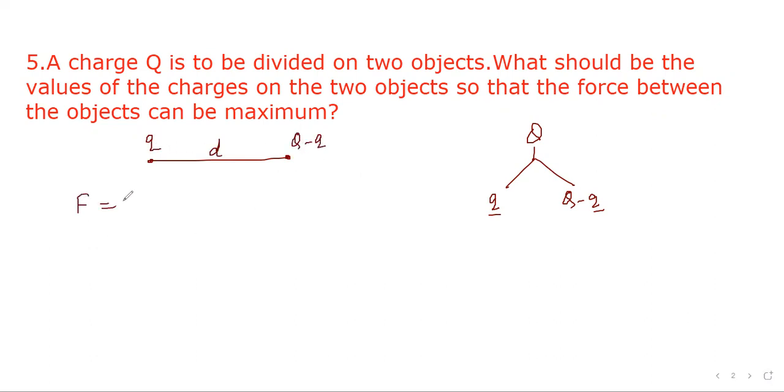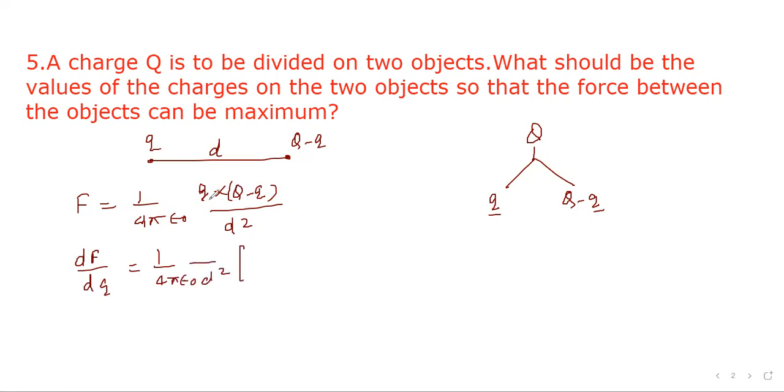So one charge is small q, the other is capital Q minus small q. We find the force F equal to 1 upon 4 pi epsilon naught times small q into capital Q minus small q divided by d square. Here, small q is variable. So in order to get maximum force, we can differentiate it with respect to small q. So dF divided by dq is 1 upon 4 pi epsilon naught d square, and if we differentiate using the product rule, this will become 1 times Q minus q, plus, keeping q intact, we differentiate the other factor.